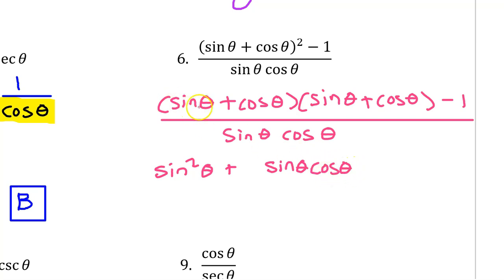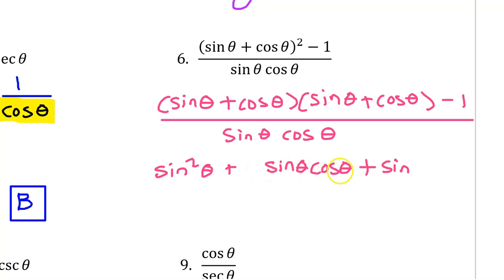So I have distributed the sine theta. Now I am distributing the cosine theta. Cosine theta times sine theta is sine theta cosine theta. See how I already have one of those? Instead of writing it again, let's combine these like terms. And that will be 2 sine theta cosine theta.